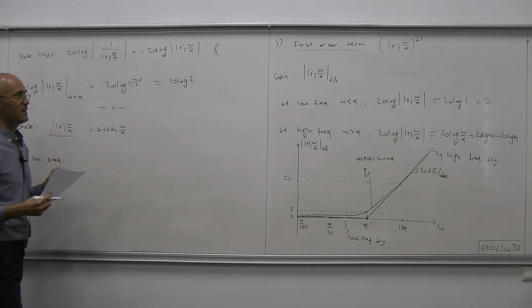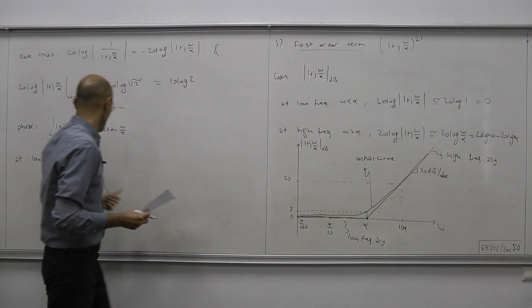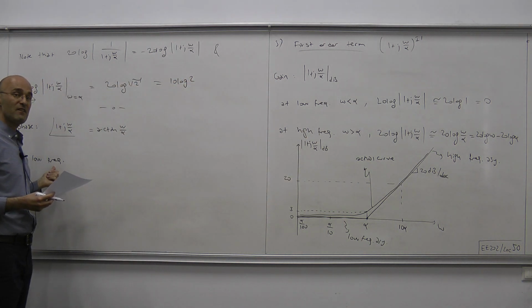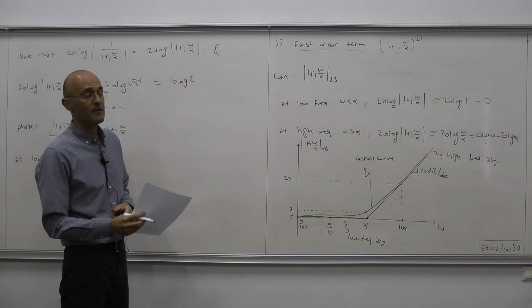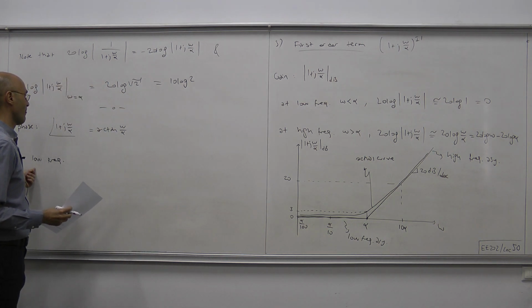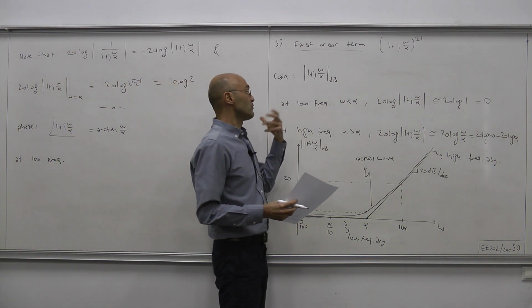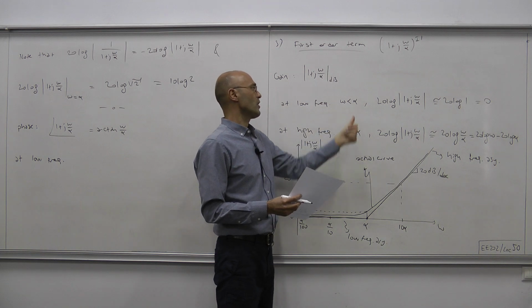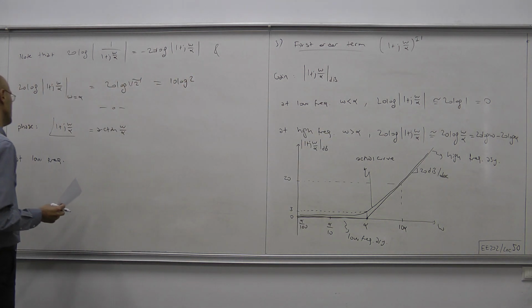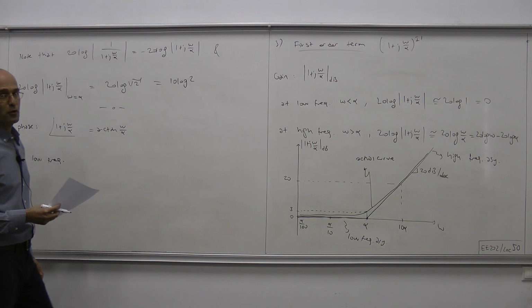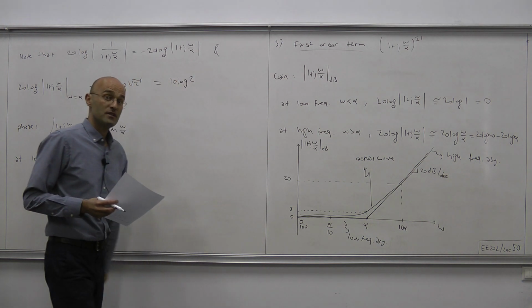Now we have to be a little bit careful. What we mean by low frequencies for gain and low frequencies for phase, it turns out that they are different. As far as the phase is concerned, for low frequencies we have to go lower than this, omega less than alpha, and an acceptable approximation seems to be omega less than alpha over 10.